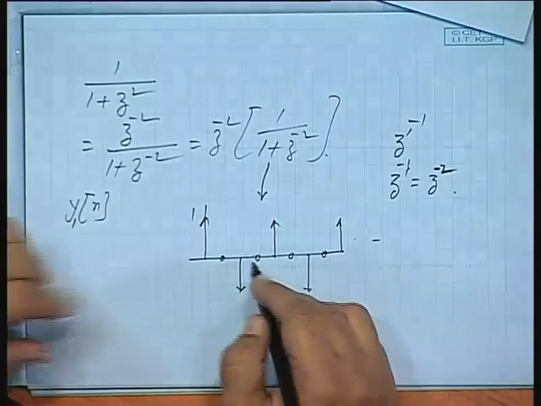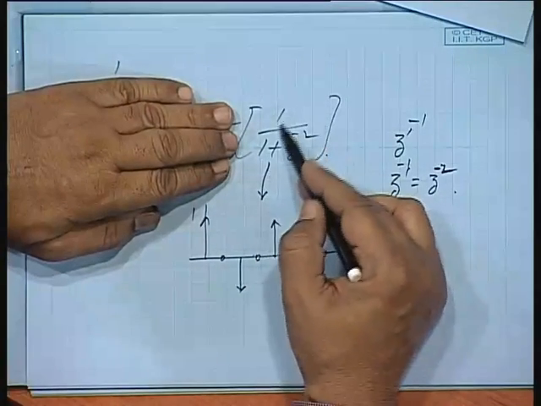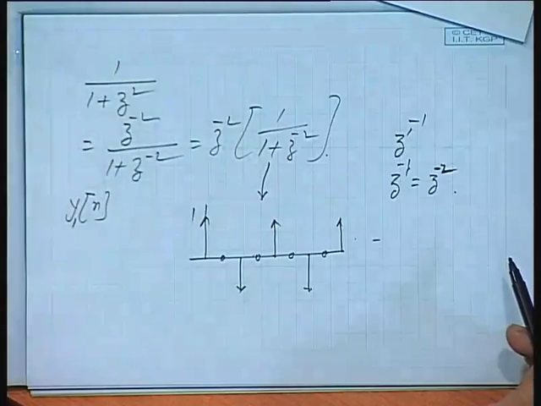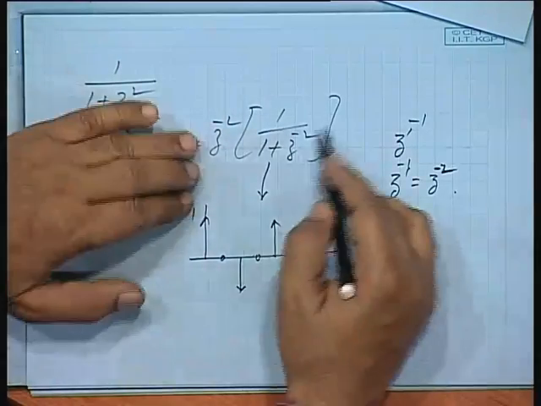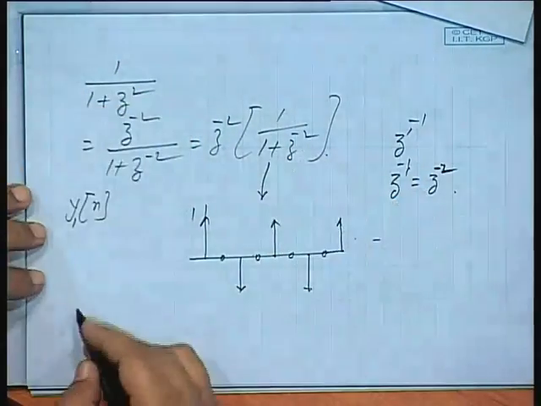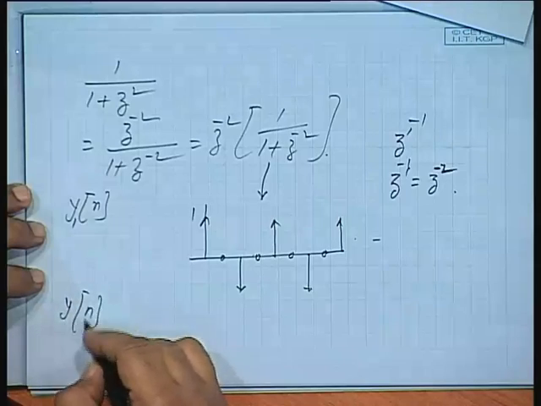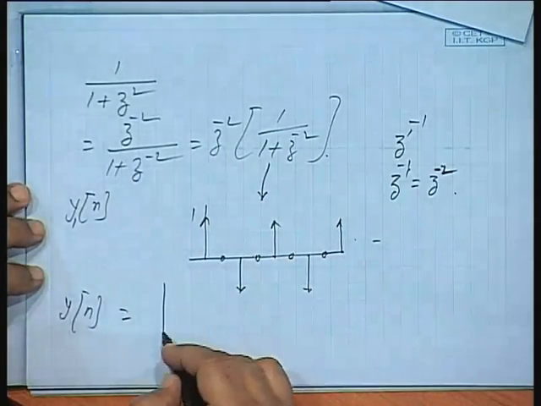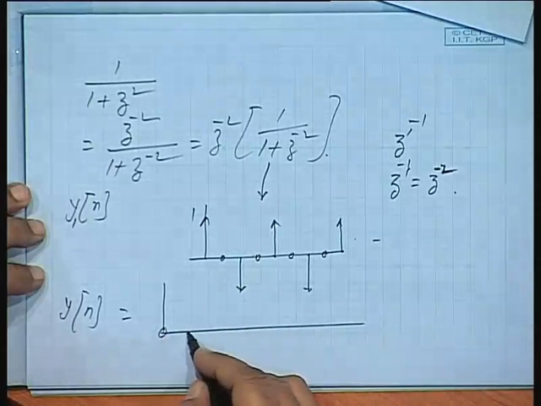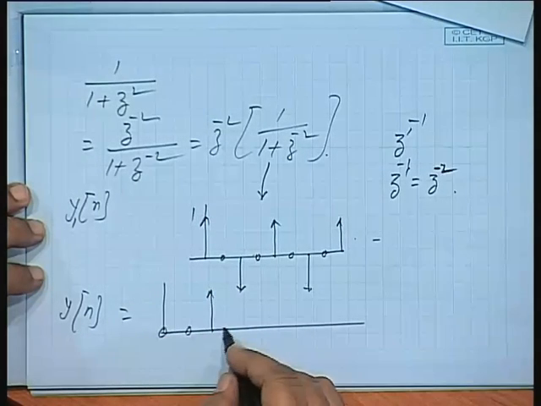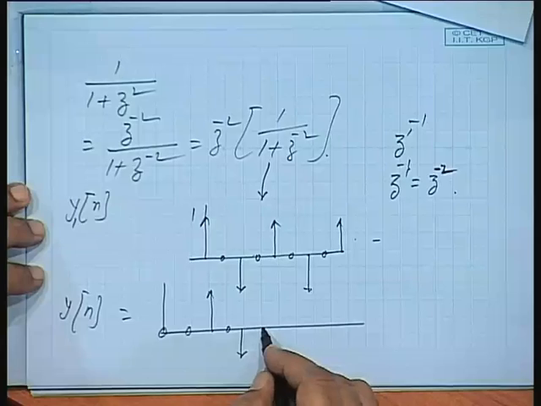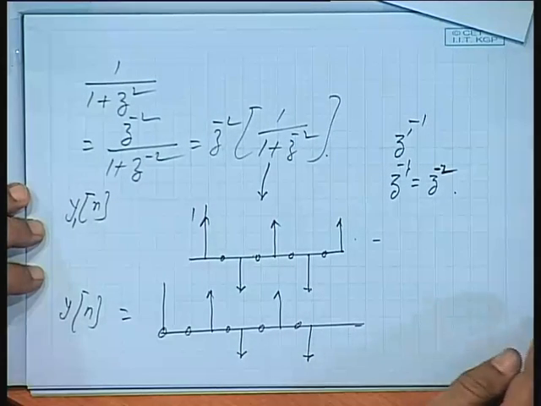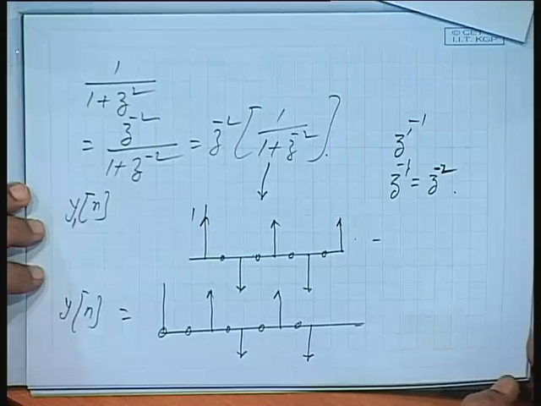This will be corresponding to this. Do you all agree? So, what will be the Z transform of the whole product? y n will have a shift of 2 steps. So, it will be 0, 0, 1, 0, minus 1, 0, plus 1, 0, minus 1 and so on. Is that all right?